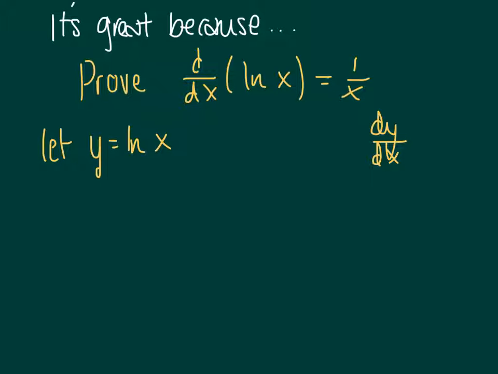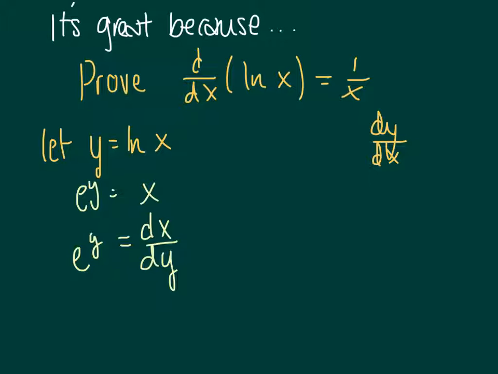I'm instead going to remove this ln from x, which means I need to apply e to both sides. So e to the y equals x. Now I'm going to differentiate that instead, dx with respect to y, because my function's now in x, and we know that e to the power of something differentiates to e to the power of something unless that something is a function in itself. Y is just y, so that's absolutely fine. We'll just make that e to the y.